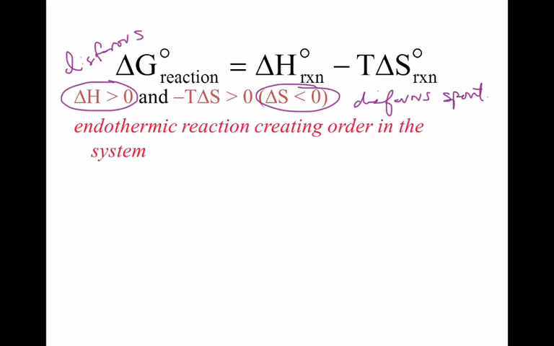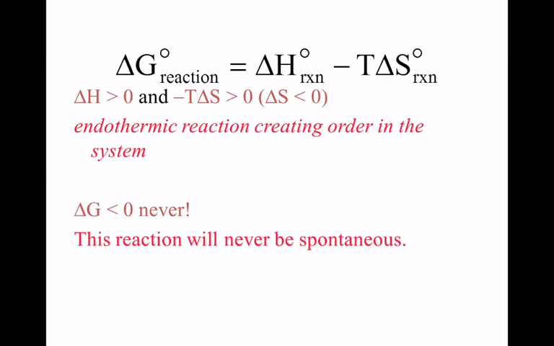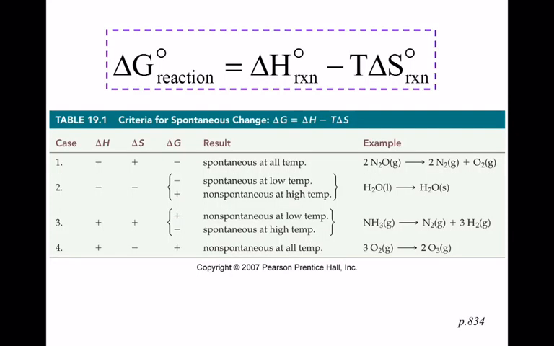Okay, so regardless of what those values are, your delta G is going to be positive. Your delta G will never be negative. And it won't be spontaneous. Exclamation point. Unless you swing it around, the reaction at equilibrium arrow, and then you're back in business. I just think that's so funny.